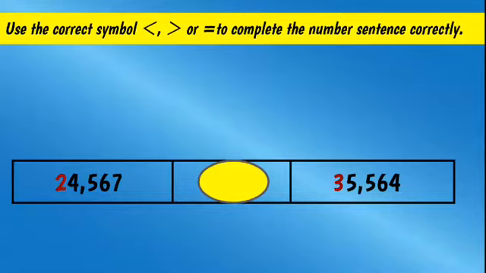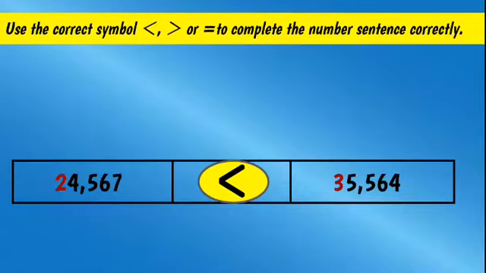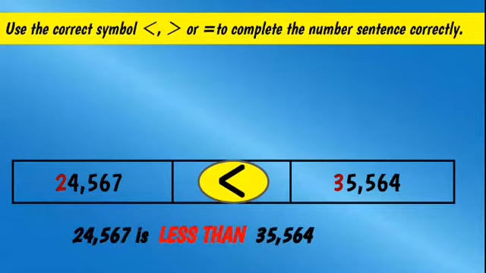Our second number, we have 30,000. So we can identify 2 and 3. In our values, we can say that 24,567 is less than 35,564. So here we have our less than symbol, pointed end facing the smaller number.